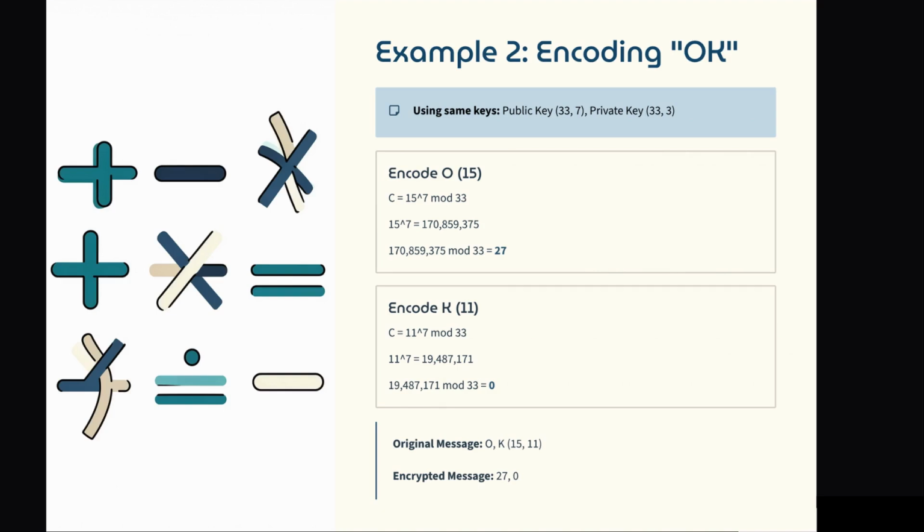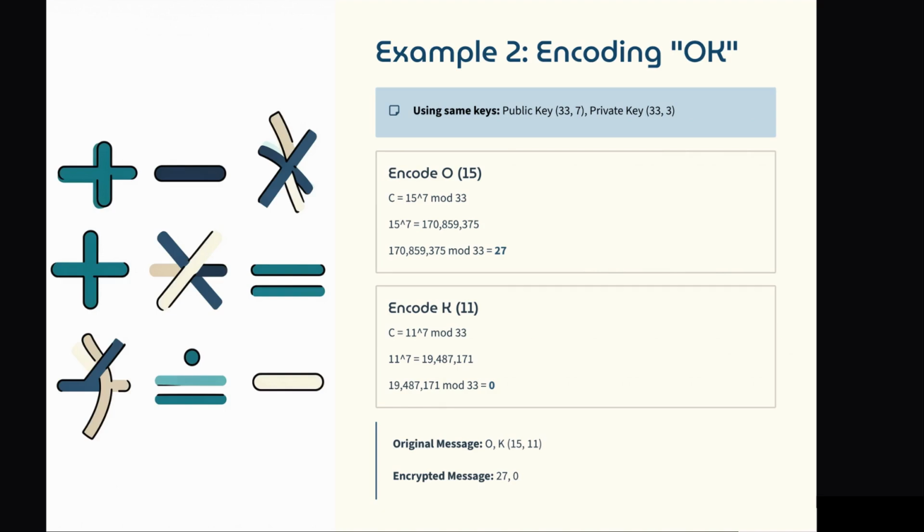And this modulo 33 equals 27. How do you get this number? Again, you take the big number, subtract 33 so many times until you can't subtract it anymore unless you want to go into the negative area, and that's your number. In our case, 27. 27 is the encoded message that we would send for O.